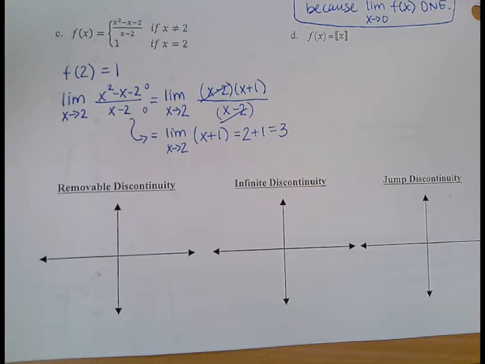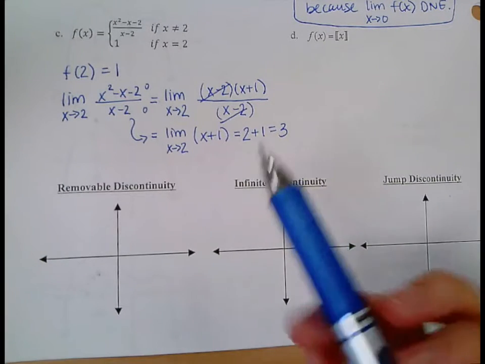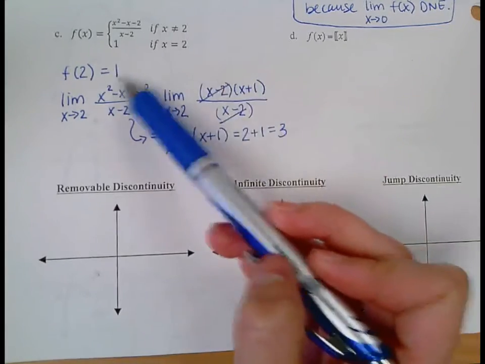Okay, back to the point of this problem, though. So function value exists, limit exists. Is it continuous at 2? Well, maybe it was the way I asked it. So I said, is it continuous? No. So is it discontinuous? Yes. So it is discontinuous at 2 because these are different.